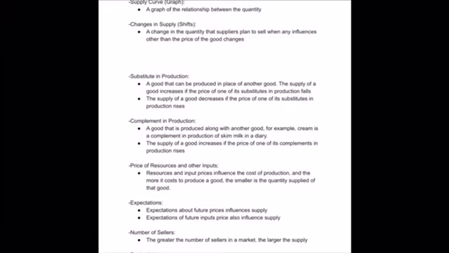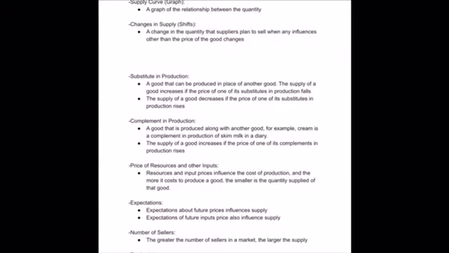The same thing goes in reverse: the supply of a good decreases if the price of one of its substitutes in production rises. So if the competition gets more expensive, you're going to buy the existing product because it's cheaper.